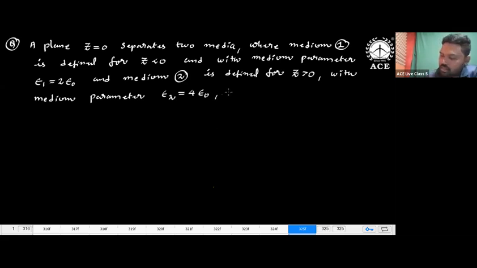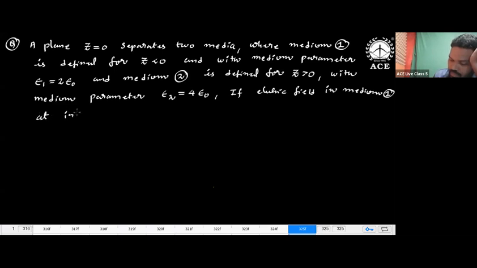Okay. If electric field in medium 1 at interface is E1 is equal to 2x cap plus 4y cap plus 6z cap volt per meter.